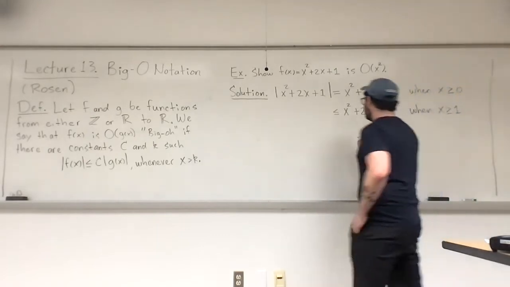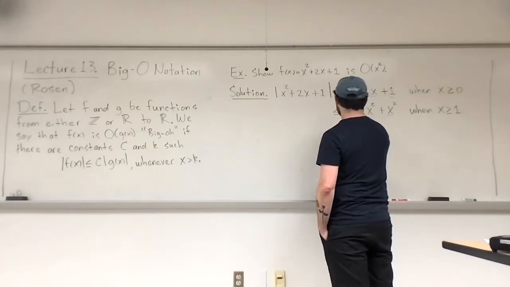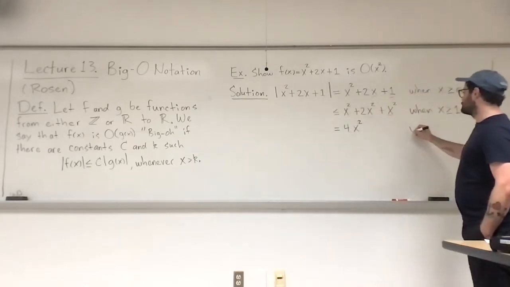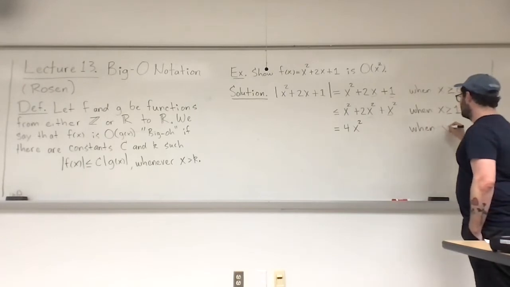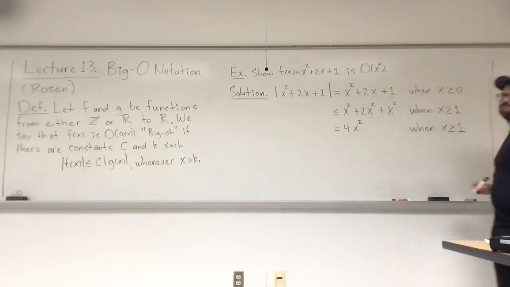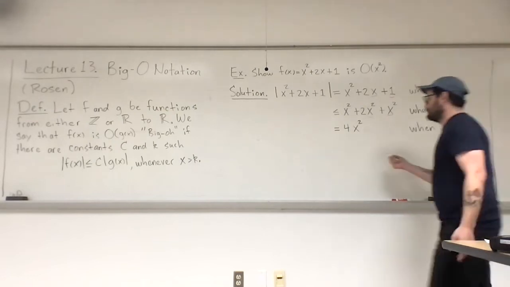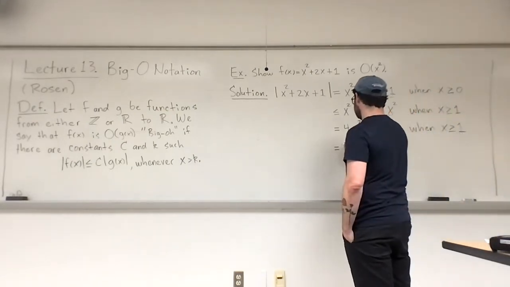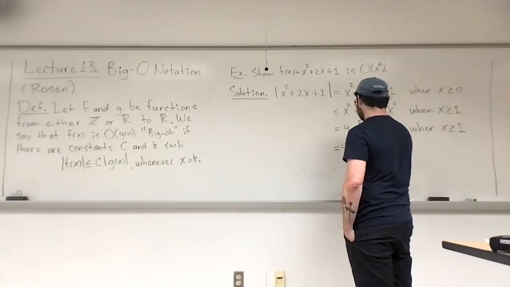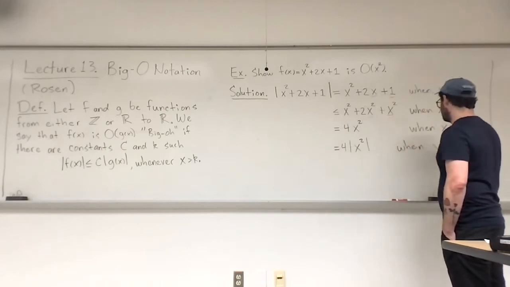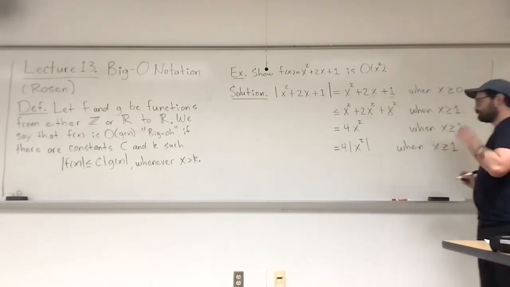Okay? So then I can combine the terms. This is going to be equal to 4x squared. And again, I'm keeping track of my condition on x. Now this is the same thing as writing that.